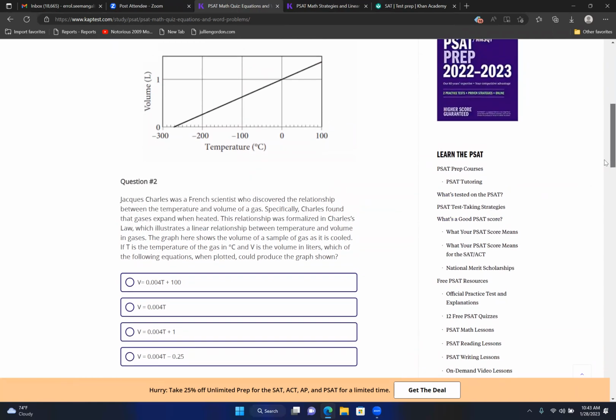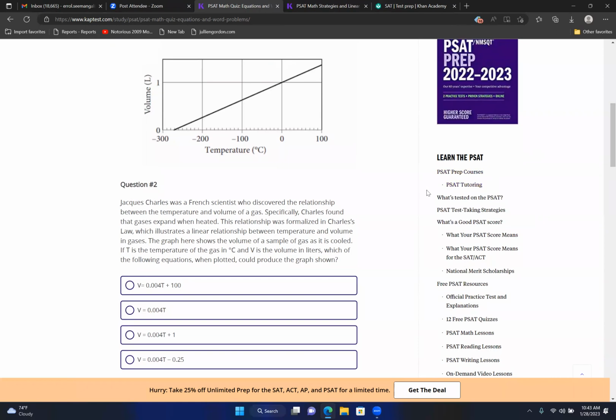There's the graph. Okay, so which one of these is that graph? Remember your y equals mx plus b slope-intercept form?